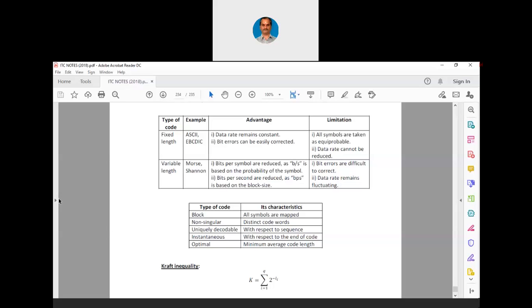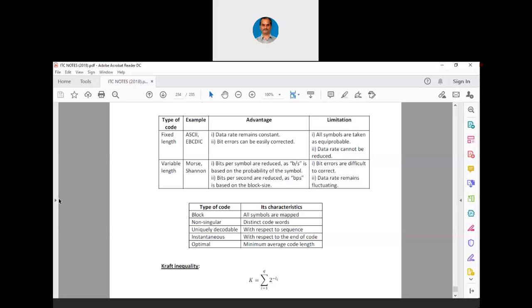Whereas if you have to use fixed length coding for voice communication, for mobile communication, then it will be very difficult for us. The reason is, unnecessarily we are increasing the number of bits. In the case of mobile or wireless communication, the channels are completely shared, unlike a desktop computer, where between the keyboard and the CPU unit there is a dedicated wired channel.